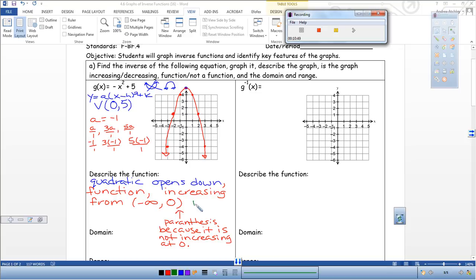So then we're going to say decreasing from my point of inflection to positive infinity. Any questions over that?